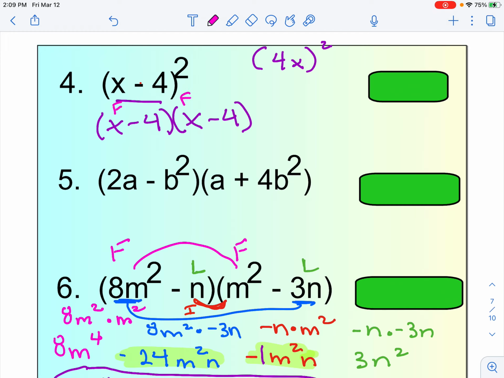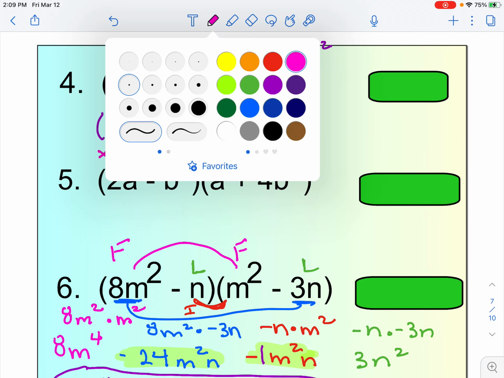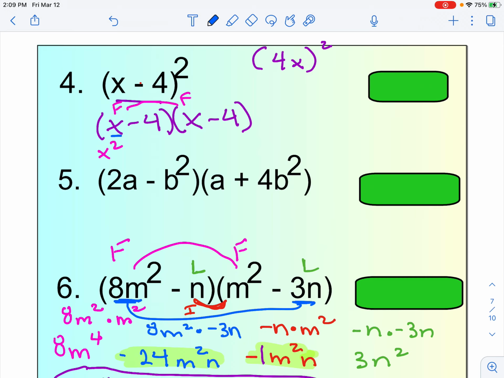Here's our first term times our first term, which gives us x times x, or x squared. Now I'm going to do my outside terms. I know I'm not writing the things in there right now, I'm just verbally talking about them. That's going to give us x times negative 4, which is negative 4x. Then we're going to multiply these innermost terms, which is negative 4 times x, or negative 4x.